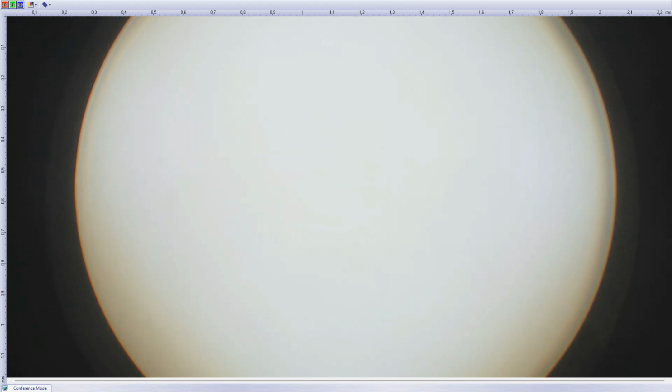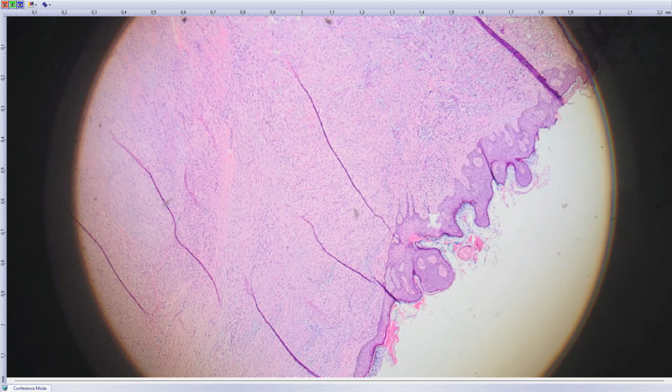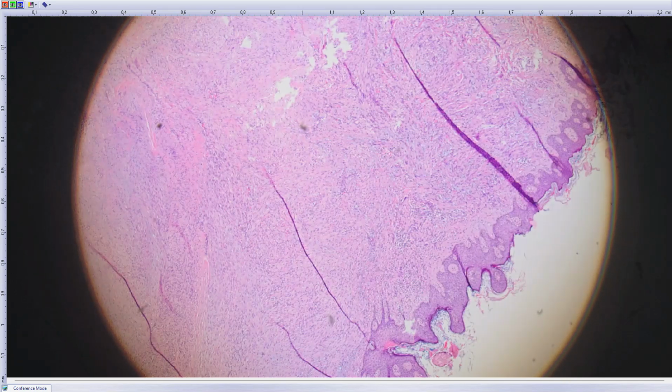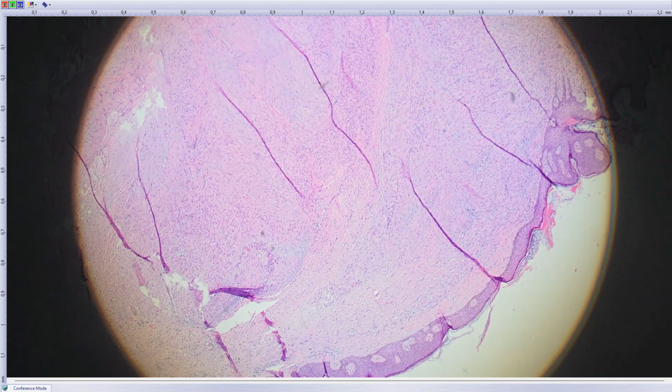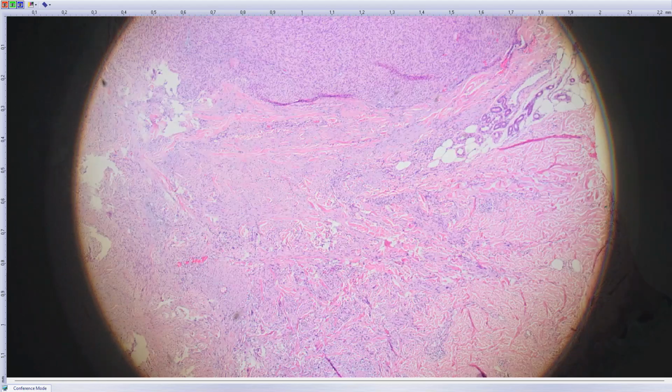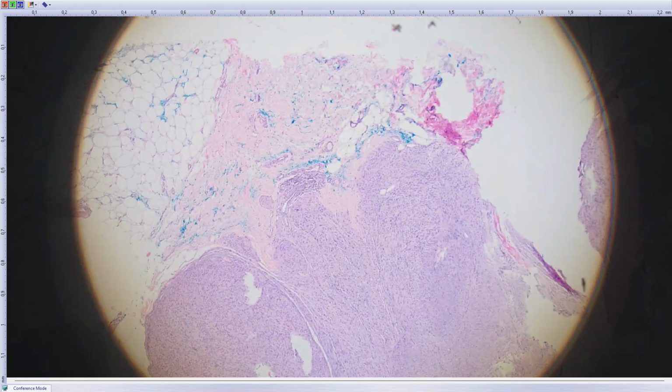Another case. Again, it's very basic pathology. It's a skin excision from a still quite young lady. You can see the skin surface here, and some spindle cell proliferation.